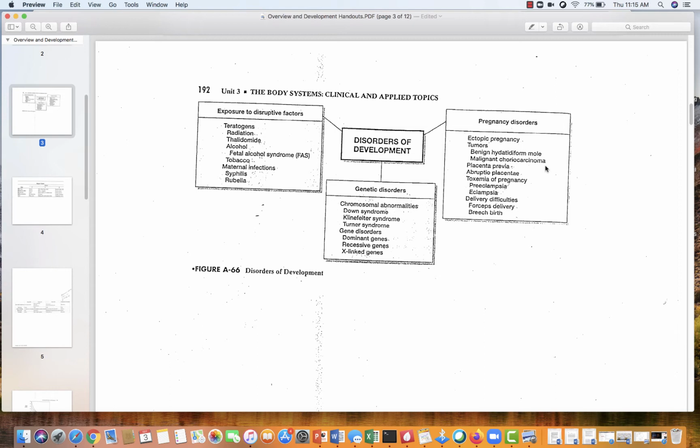And malignant choriocarcinoma is a highly malignant tumor that arises from the trophoblastic cells located within the uterus. So typically, if a molar pregnancy is not removed, it has the potential to develop into that malignant choriocarcinoma. So it's going to start off as a molar pregnancy.